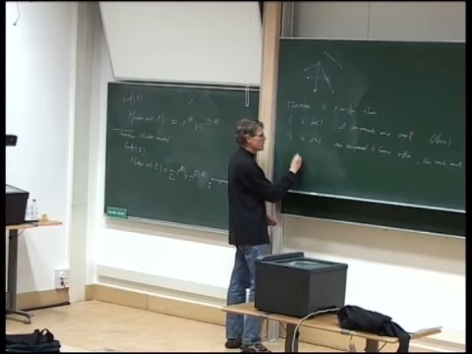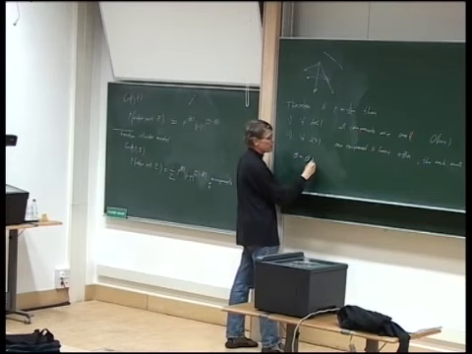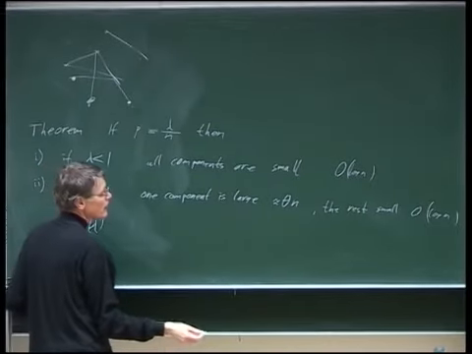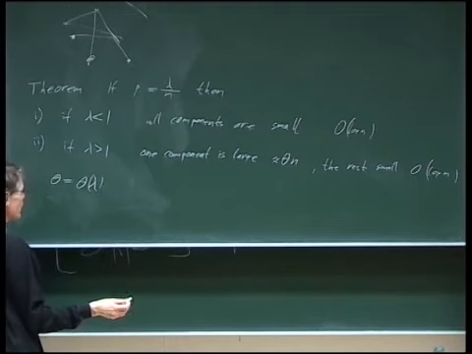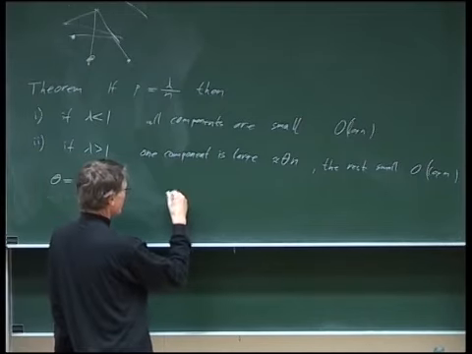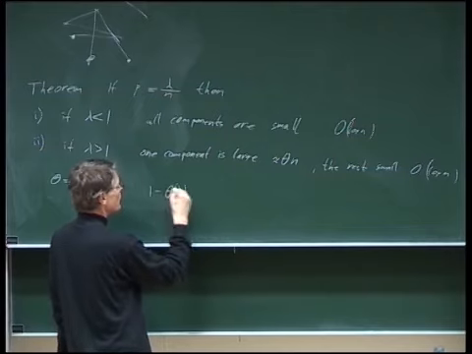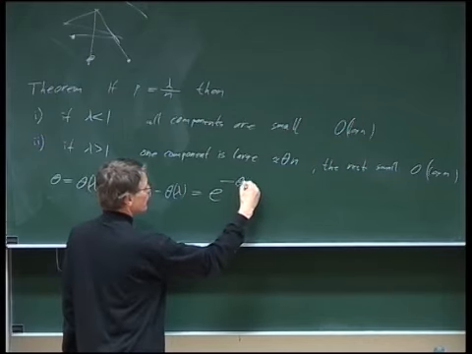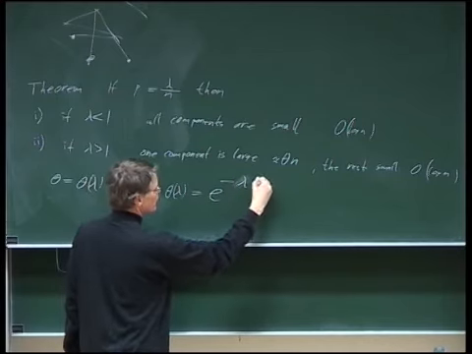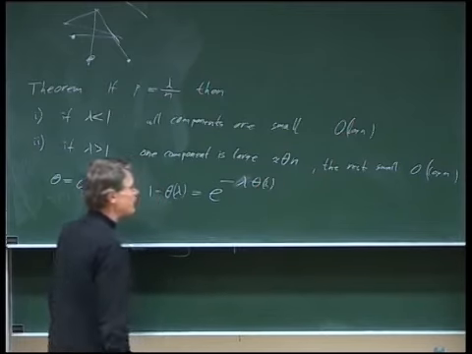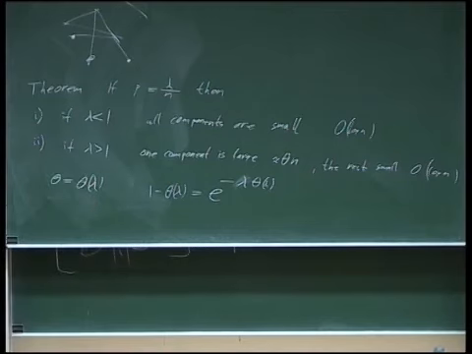So theta here is theta of lambda, and it satisfies a nice equation. So theta, let's see, 1 minus theta equals e to the minus lambda times theta. So an implicit equation.